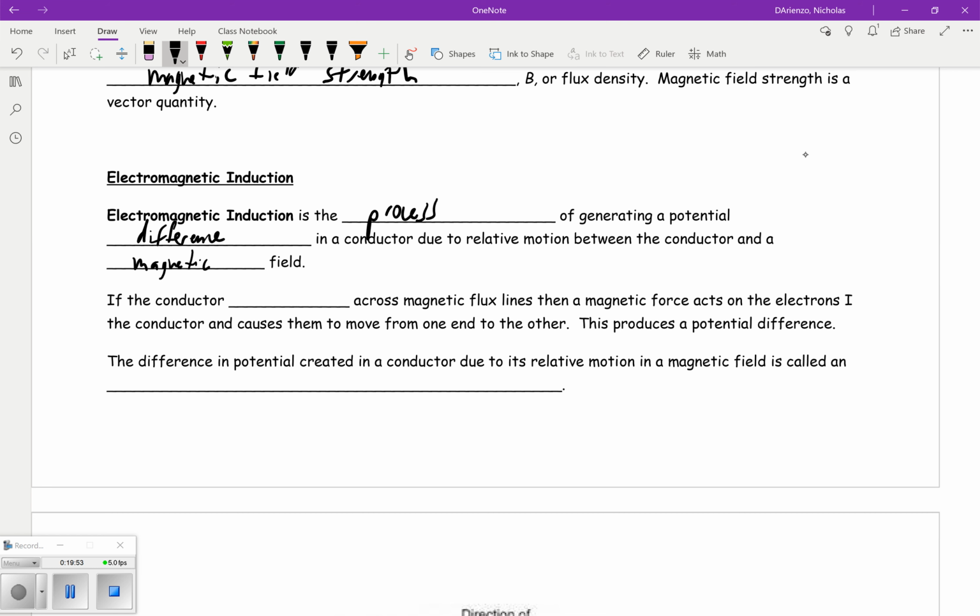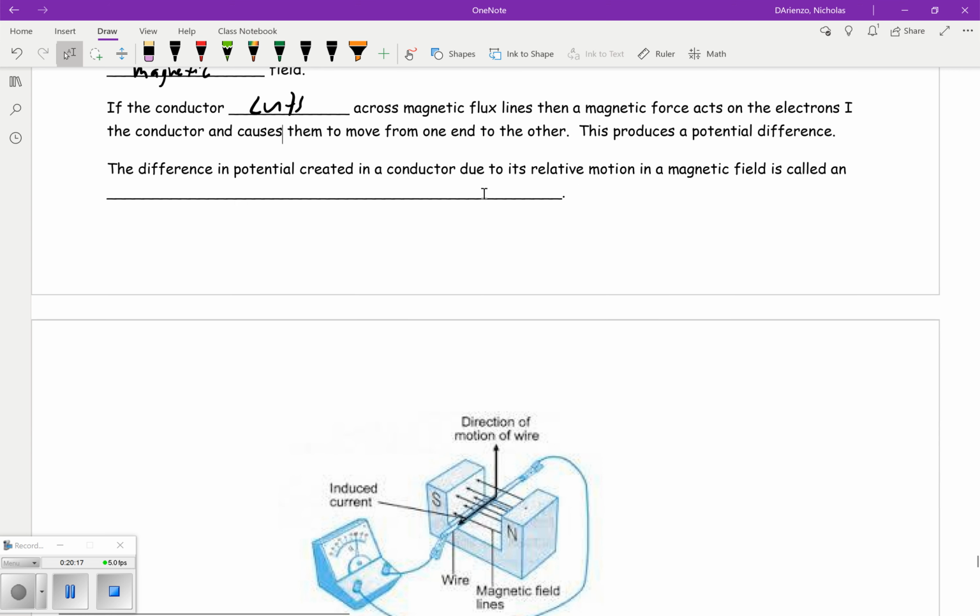Now, if the conductor cuts or moves across the magnetic flux lines, then the magnetic force acts on the electrons in the conductor and causes them to move from one end to the other. And this is where we get our potential difference from one end of the conductor to the other, which is going to cause a flow of electrons, or it's going to cause a current.